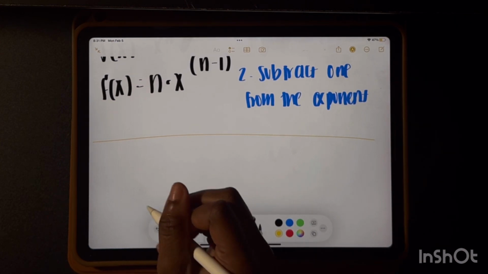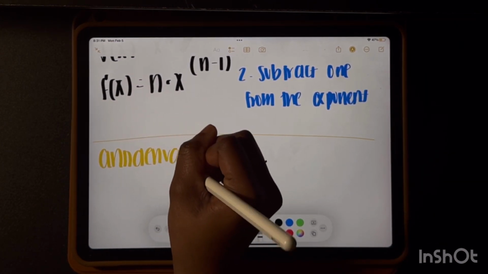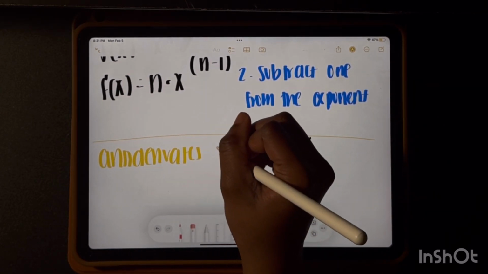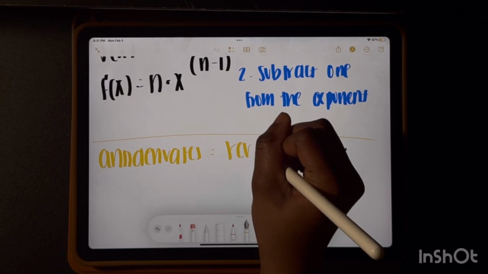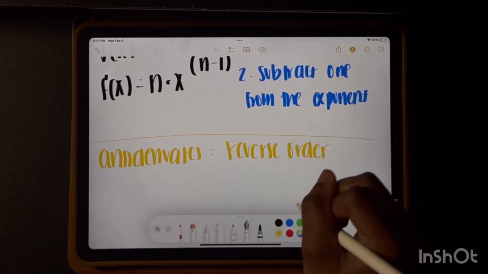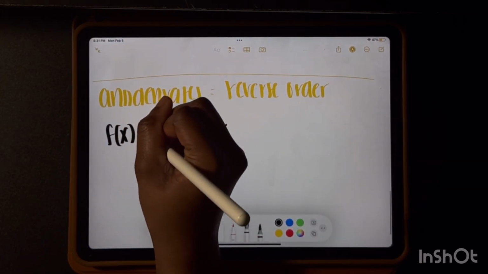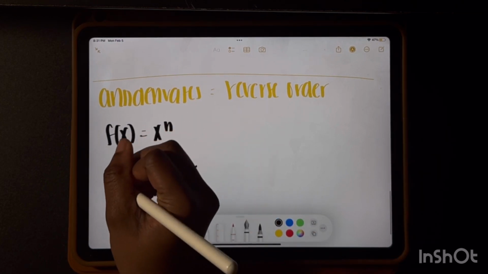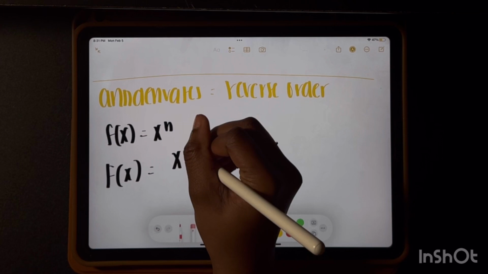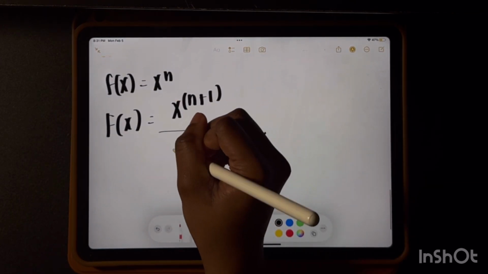The next one is the antiderivative power rule, in reverse order. So f of x equals x to the n, and big F of x equals x to the n plus 1 divided by n plus 1.